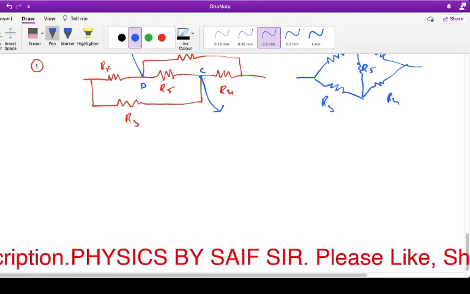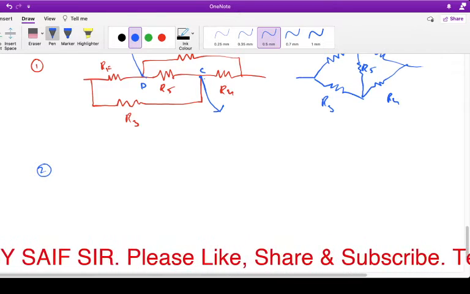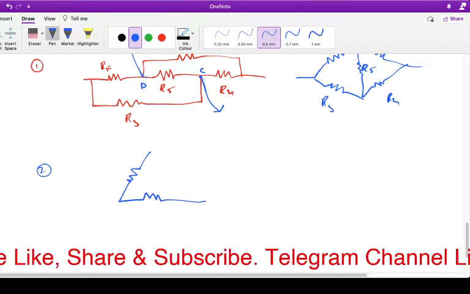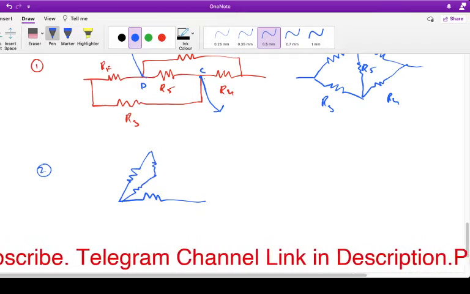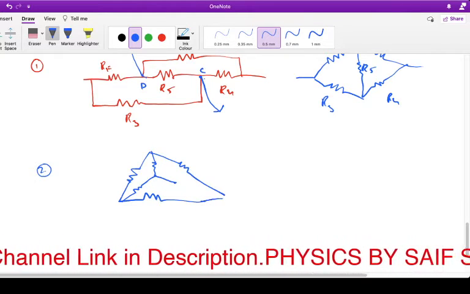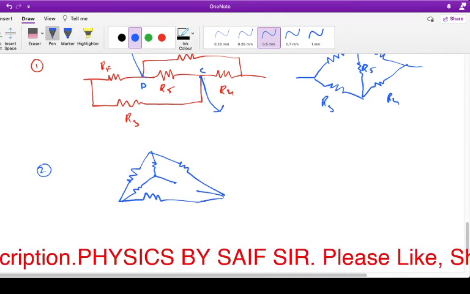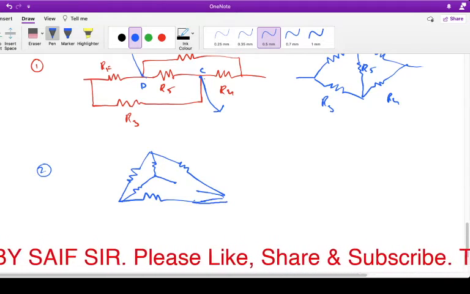Another one kind of Wheatstone bridge you will see here. Okay, this is another kind of circuit diagram. Okay, this is also a Wheatstone bridge.